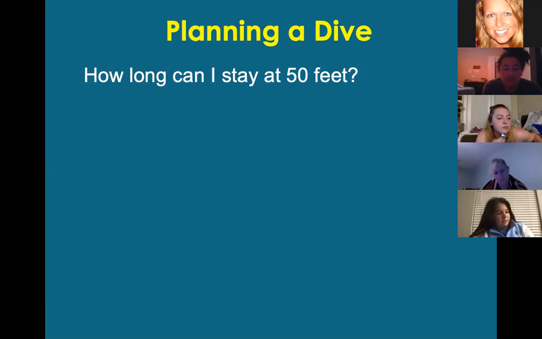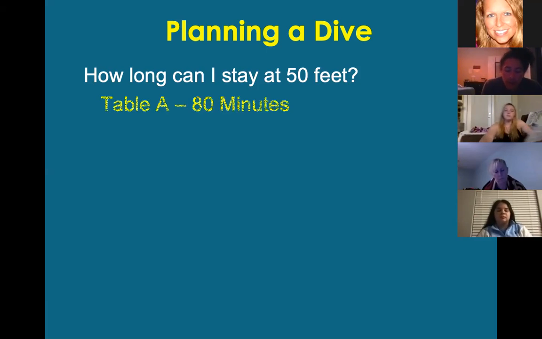Because next to the bold where it says 50, right next to it, it says 80 minutes. Perfect. So you can either look right next to it where it says no decompression stop limit, or you can follow it all the way to the right side until it reaches the black, and that'll tell you your maximum time as well. So perfect. In table A, it's going to tell you.